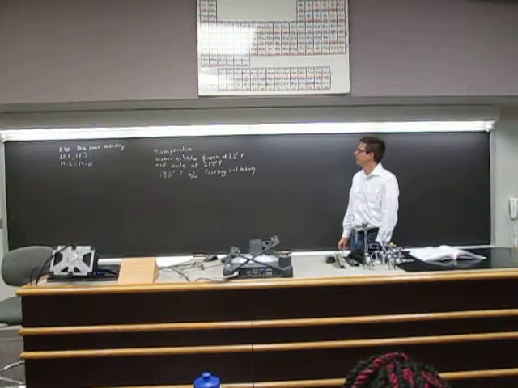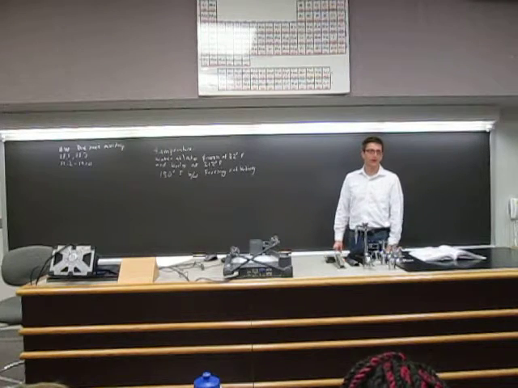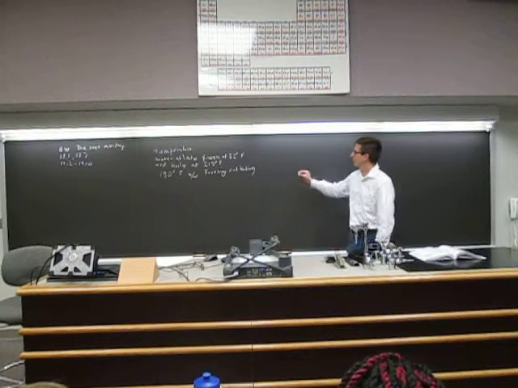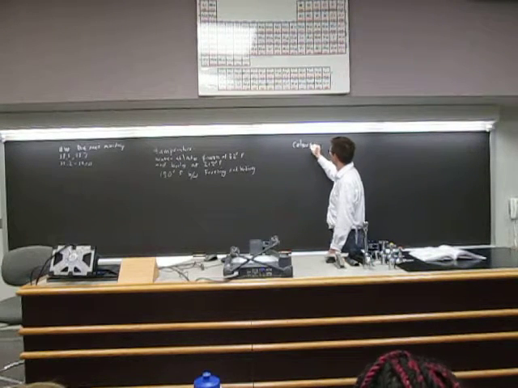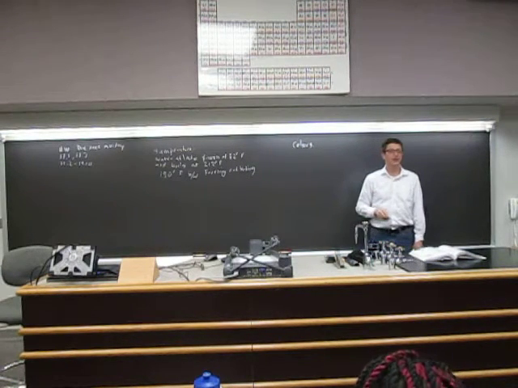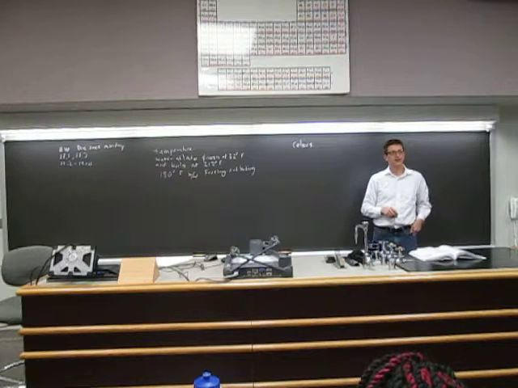The more common type of temperature scale for scientific purposes, and also around most of the world, is the Celsius scale. And how's Celsius defined? Anyone know?